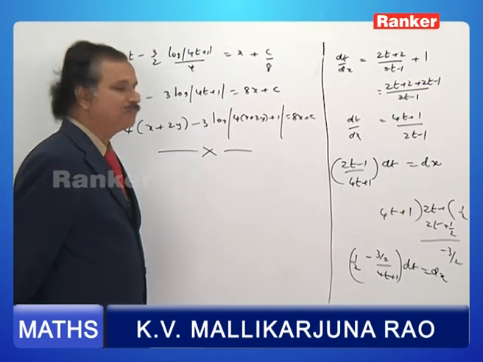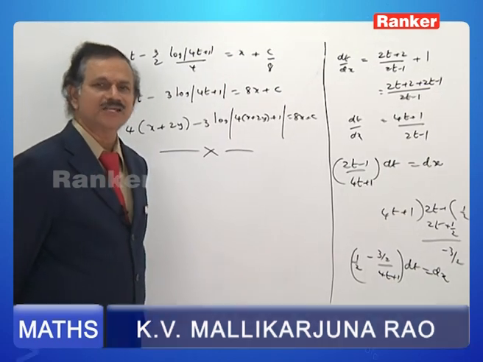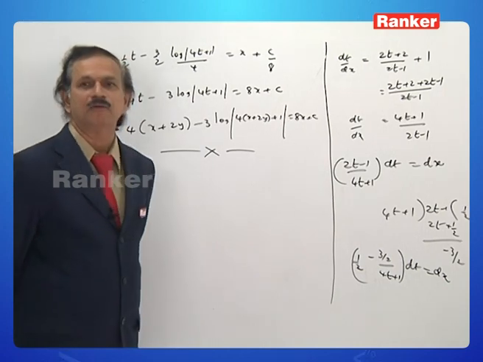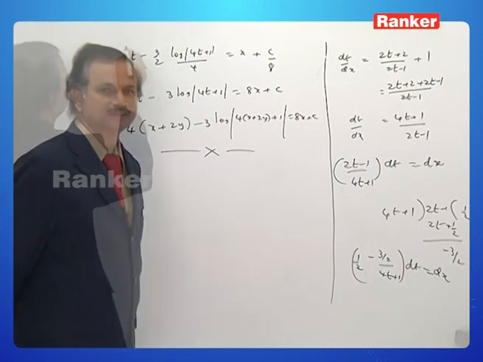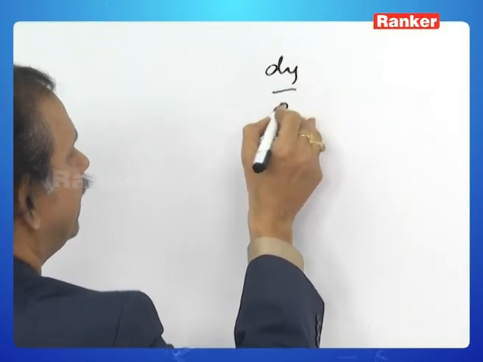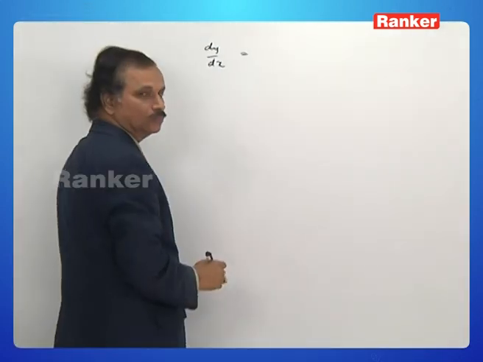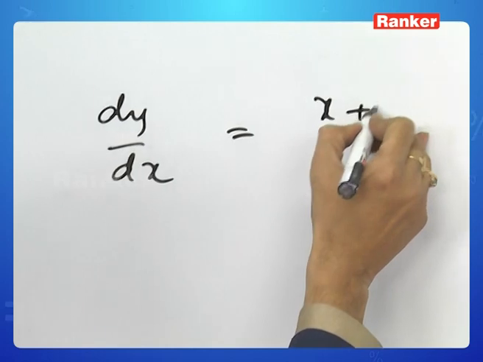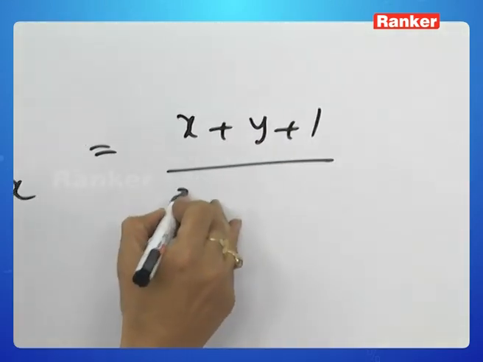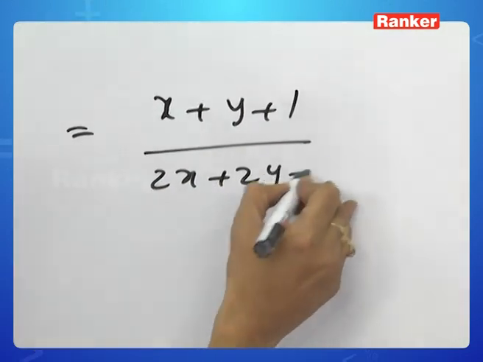And to know this perfectly, let us make use of one more example which belongs to this case. Observe the problem. dy by dx is equal to x plus y plus 1 by 2x plus 2y minus 3.